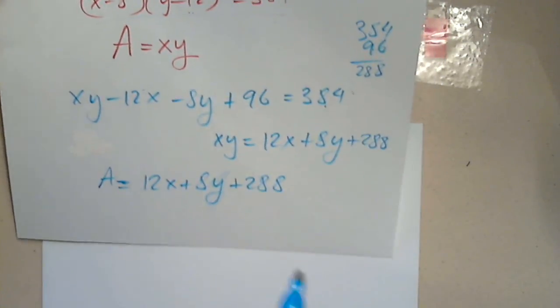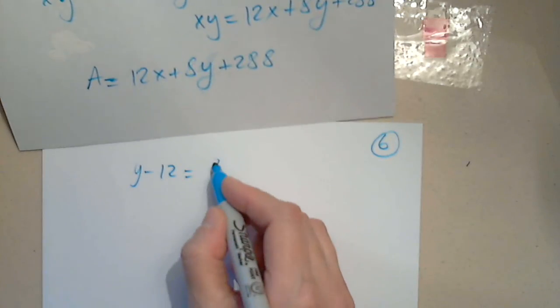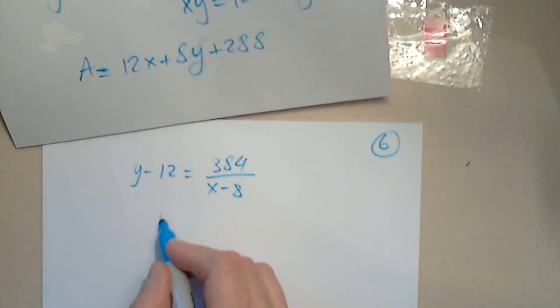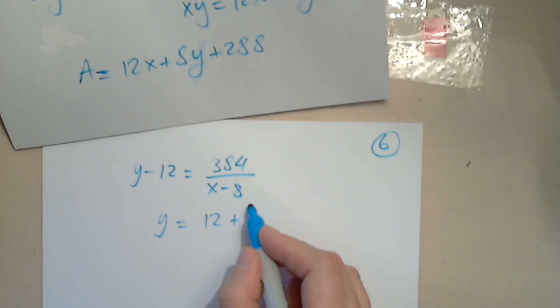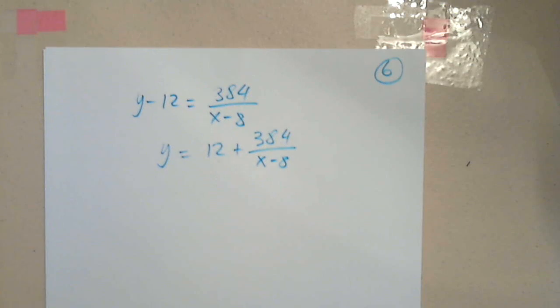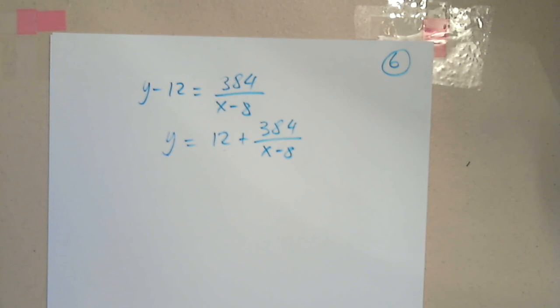I could solve that for y. So I have y minus 12 equals 384 divided by x minus 8. So then y will be 12 plus 384 over x minus 8. If that's what you had in mind, it was not, but we can roll with that.